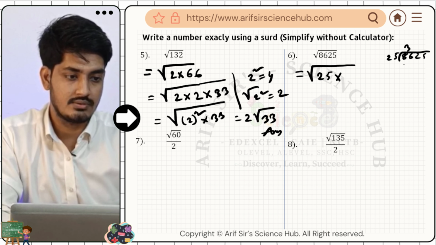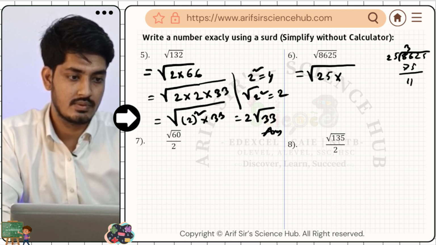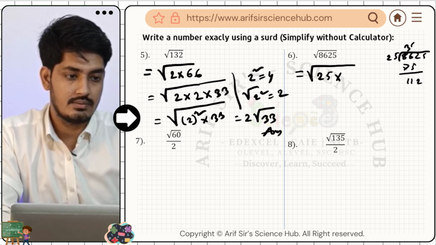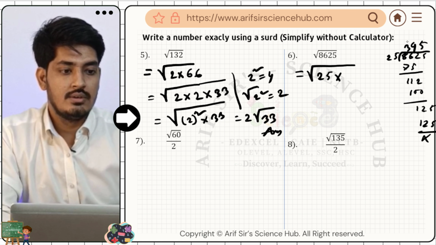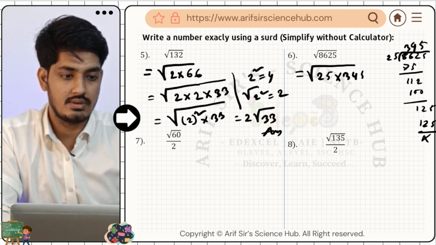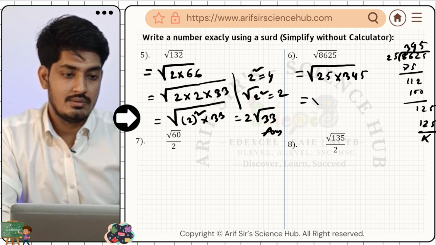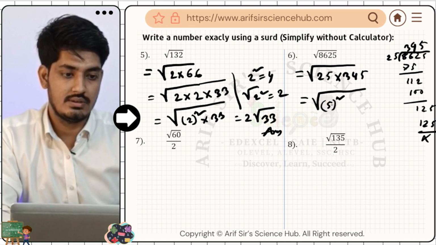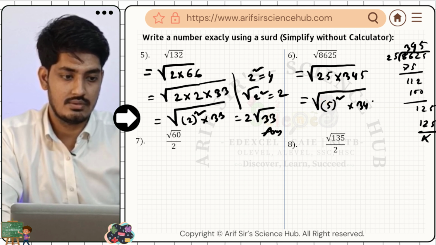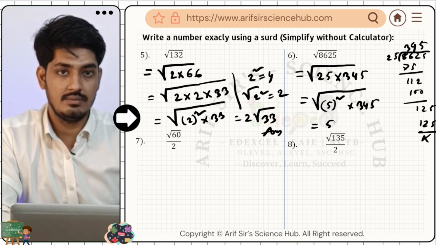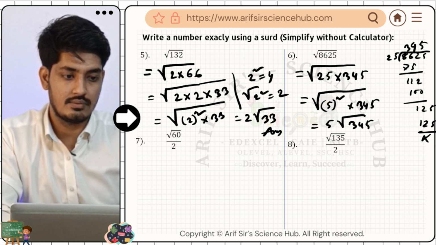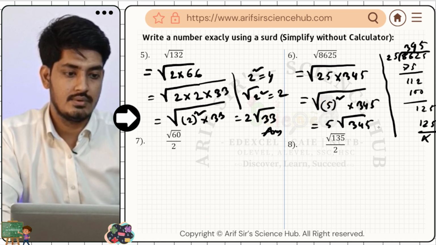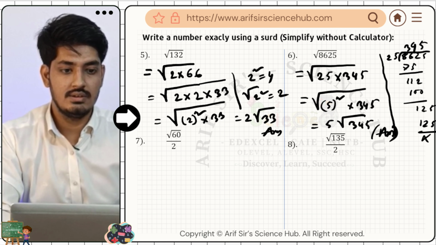Okay, so 345. Then we can easily make 5 squared. We know that 5 squared is equal to 25 into 345. So if we bring this 5 out of the square root, then 5 square root 345. So that's the answer. That means it's the surds.